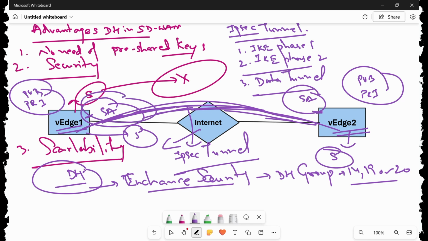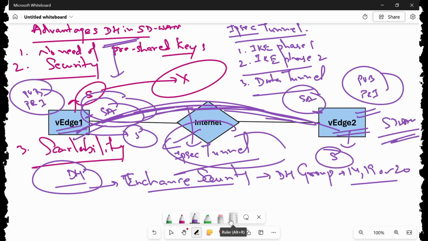This whole process of the Diffie-Hellman algorithm, or you can say this whole complete process of IPsec tunnel formation, makes sure that data will remain secure, and there will be effective communication between vEdge routers in the SD-WAN network.